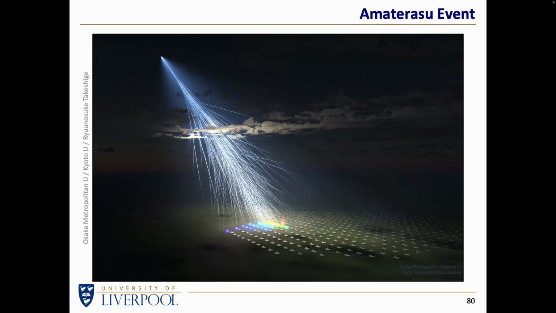This happened in 2021, the Amaterasu event. A particle came into the Earth's atmosphere with a humongous amount of energy. It was recorded by the Telescope Array in Utah. It was reported in Astronomy Picture of the Day a few months back, but it was actually observed originally in 2021. It's taken them a while to analyze the data.